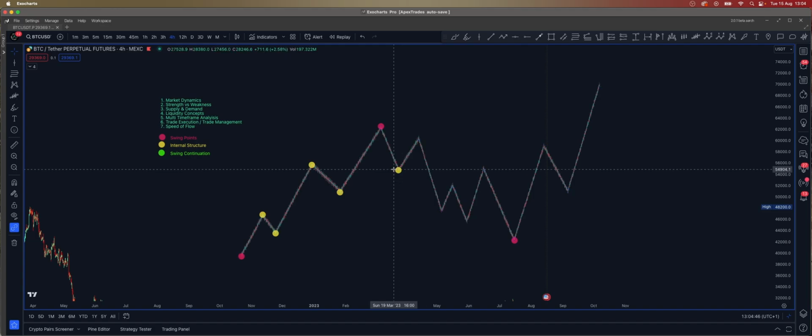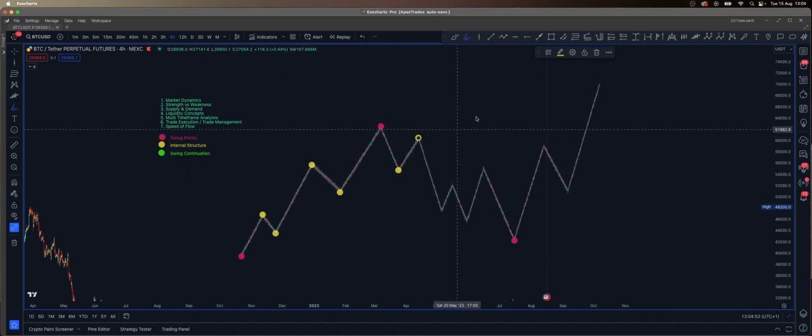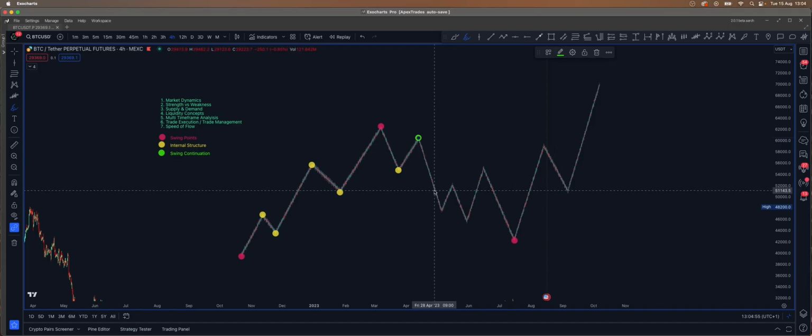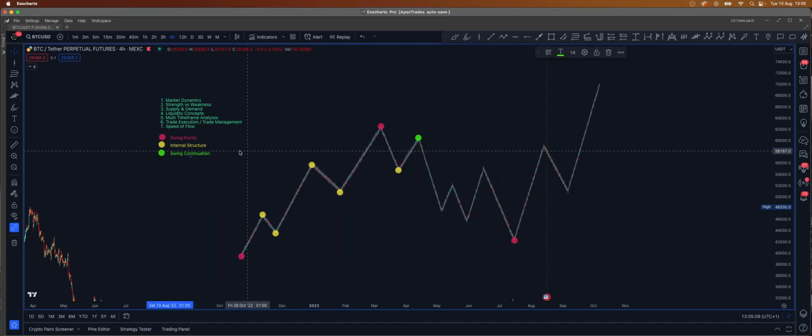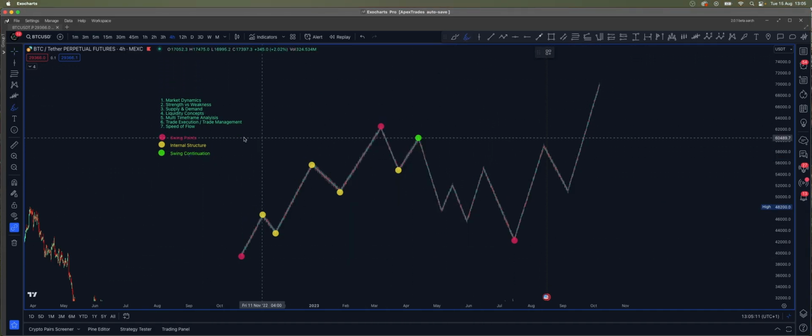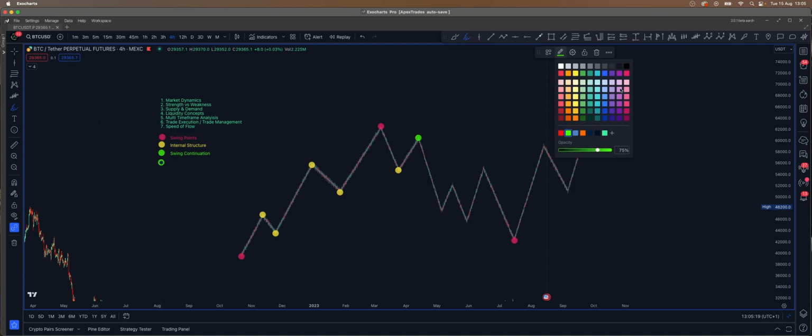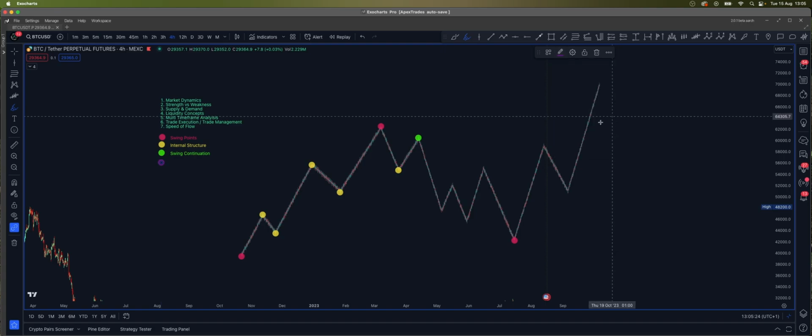The moment we do this and we create that change of character is the moment that we can create a swing continuation, or the point on the chart which we can call a swing continuation. Actually, let's add another point, right? To add more complexity into it, we'll color this one purple.